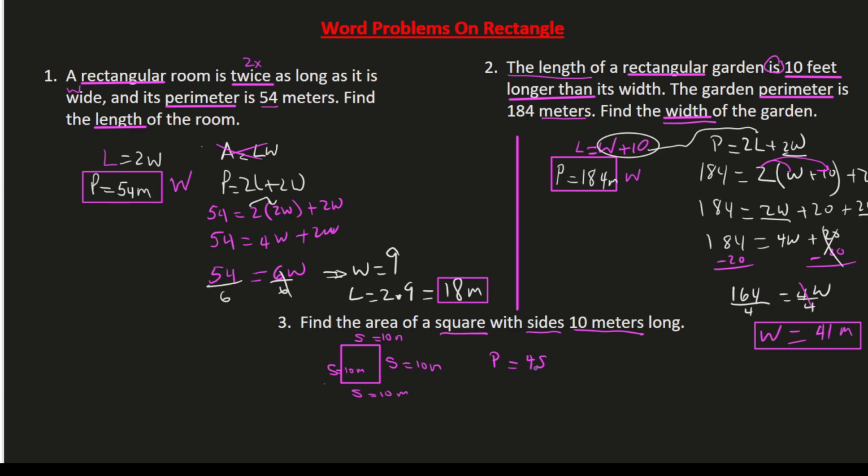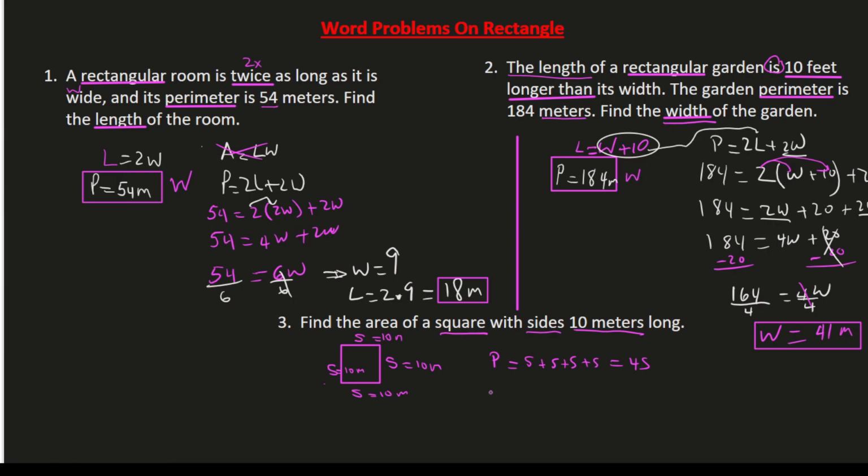I just wanted to show you something extra, some kind of bonus, and that's where this formula comes from. So we get S 4 times, and this is equal to 4S. This is for the perimeter of the square.